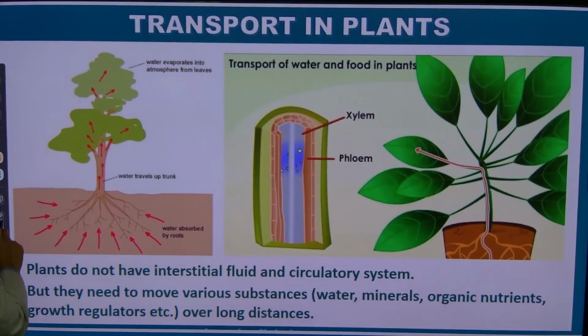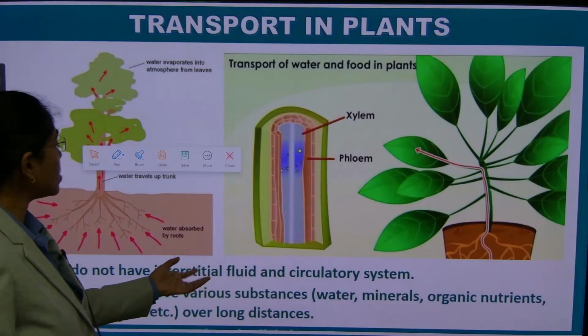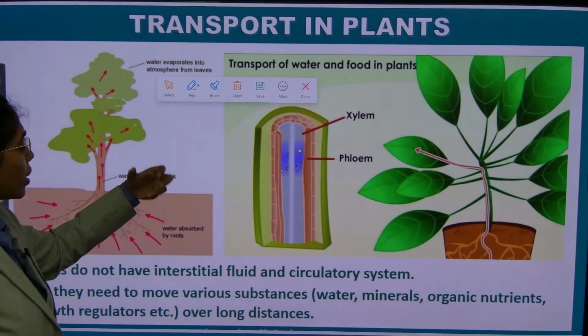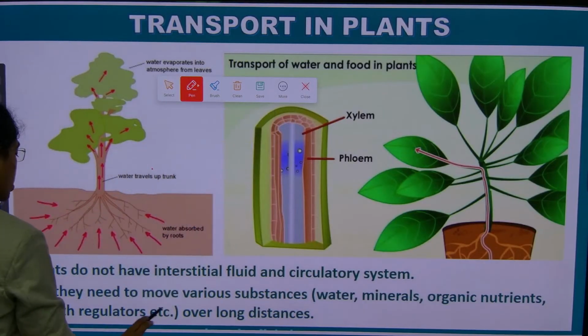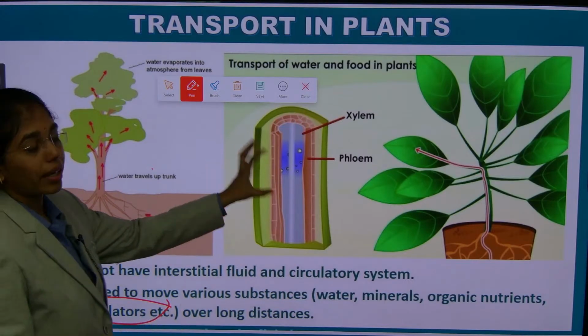Plants do not have any interstitial fluid or circulatory system. Circulatory system is absent in plants. So how does the movement of water molecules, minerals, organic nutrients or plant growth regulators go along longer distances?